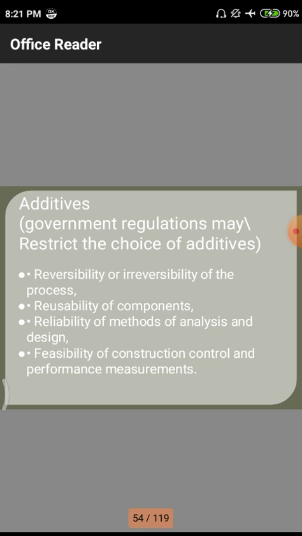Next one is the reliability of the method of analysis and design. That means if we design a particular structure for 10 stories or 12 stories, or if I design a particular dam to store water, is there any feasibility for increasing the dam height? If we increase the dam height, automatically the surrounding villages will have trouble, particularly in the rainy seasons.